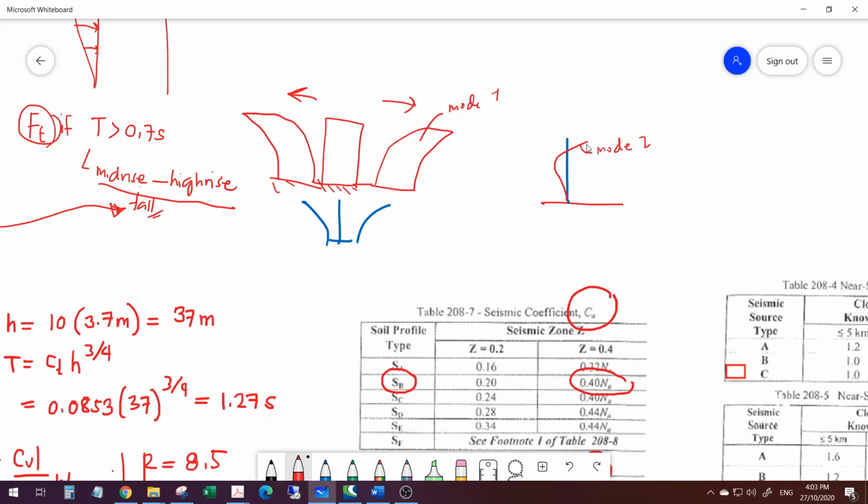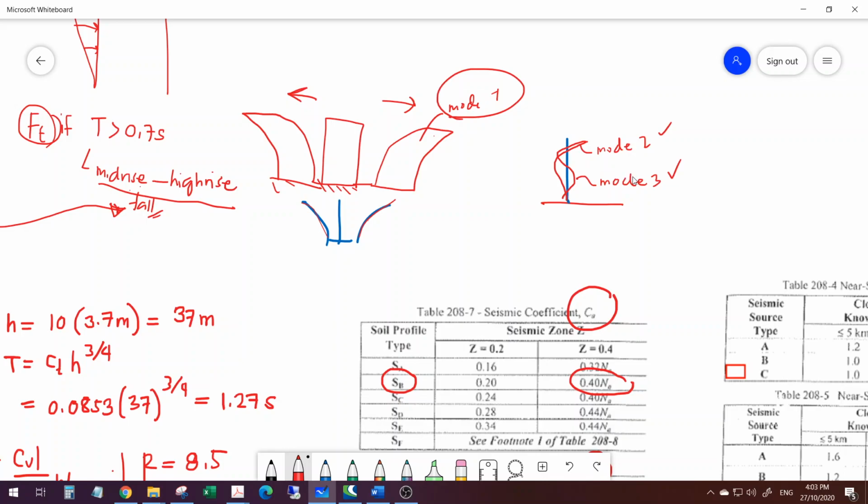Mode 3 will be something like this. So this is mode 3. So these modes can occur in a tall building. Unlike in a low-rise building, where the governing mode is mode 1, wherein your sway could either be this or this, right?